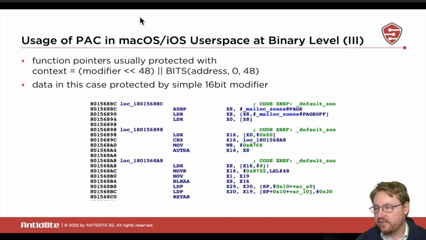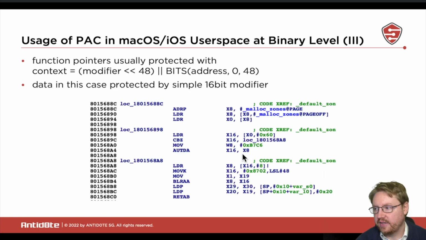The code you can see here is also from libmalloc, and what we can see here is that it takes the malloc zones pointer, it dereferences it, and then it reads a function pointer from inside the malloc zone, and then basically authenticates this pointer.